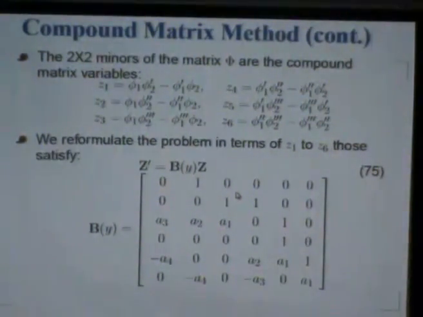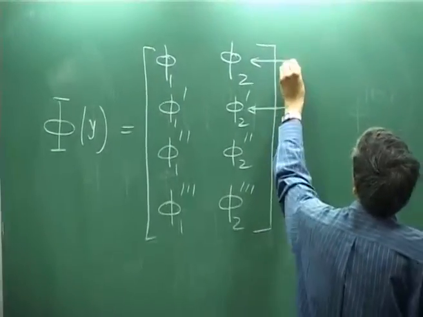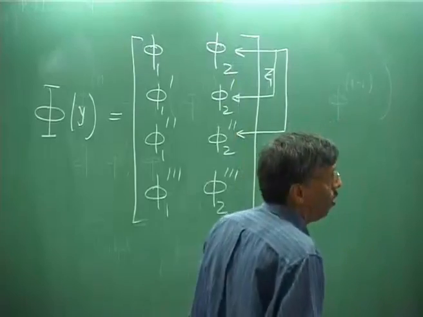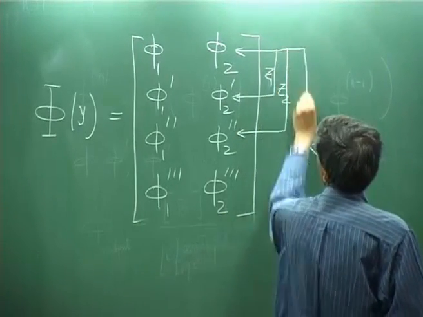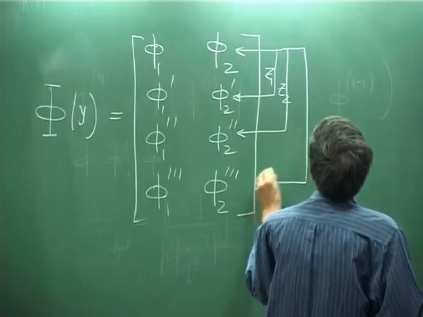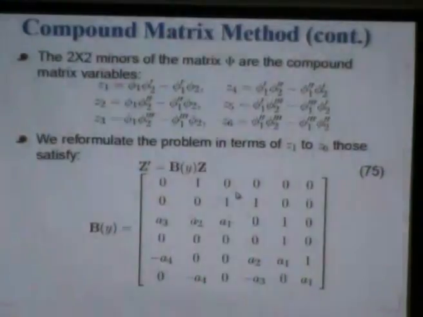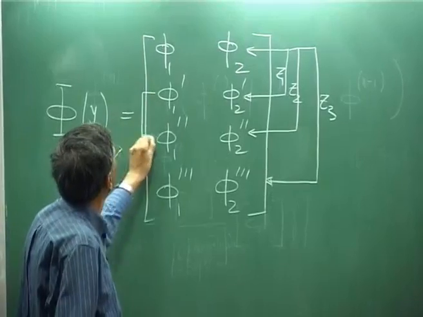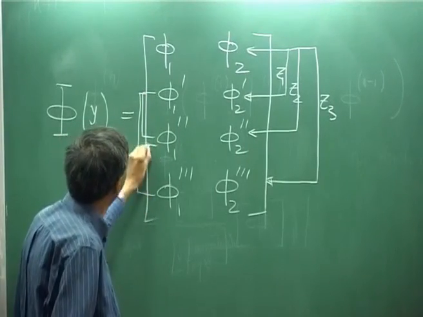Then if I couple the first and the third row, I will get z2, and the first and the fourth row will give me say z3. Then of course, there are other possibilities, this 2 and this 2 and finally this one.